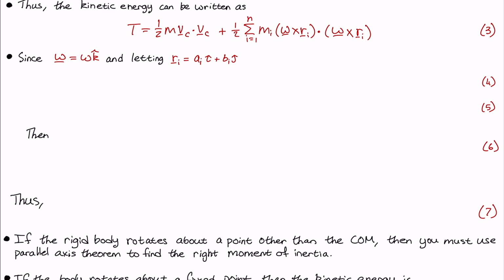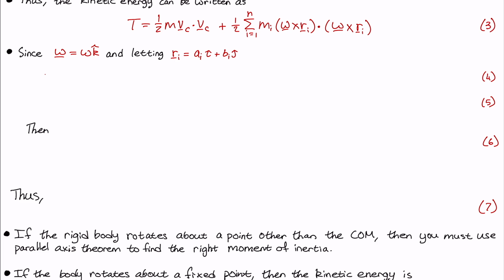In this case, we will get omega k-hat crossed with the quantity ai in the i direction plus bi in the j direction, dotted with itself.